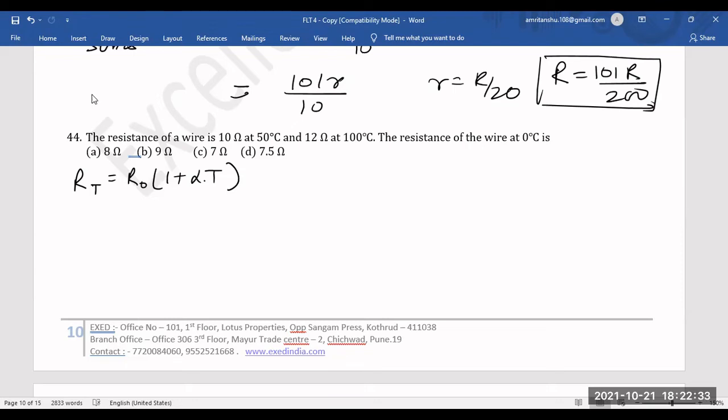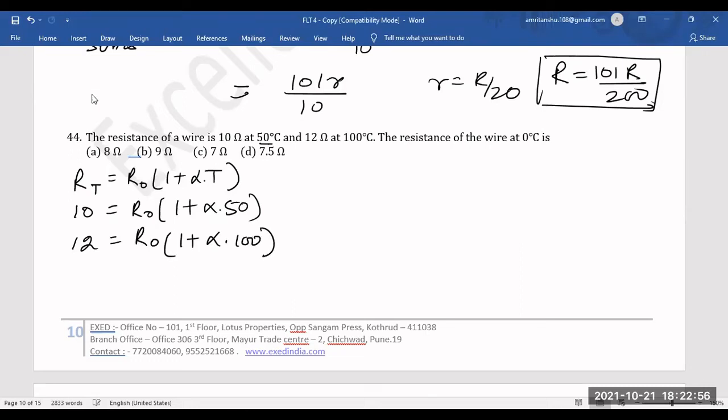So R at T is given as, let's first take at 50 degrees Celsius, 10 is equal to R naught 1 plus alpha into 50. And then 12 is equal to R naught 1 plus alpha into 100.